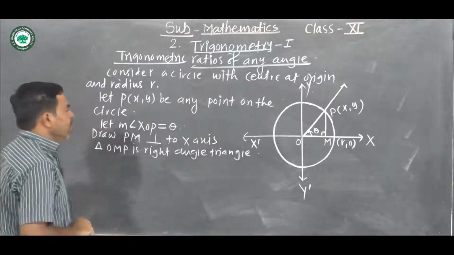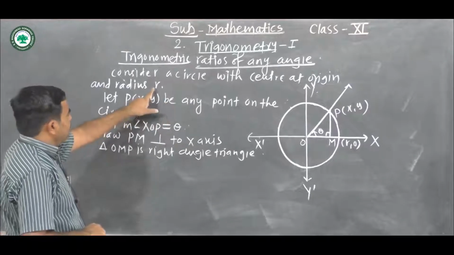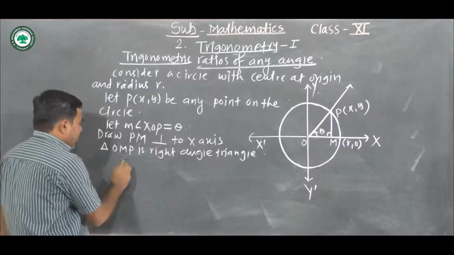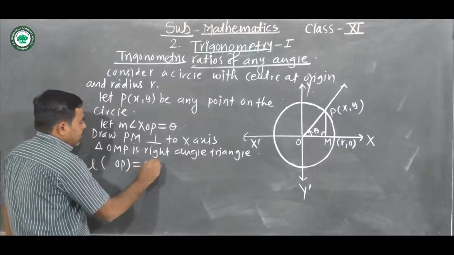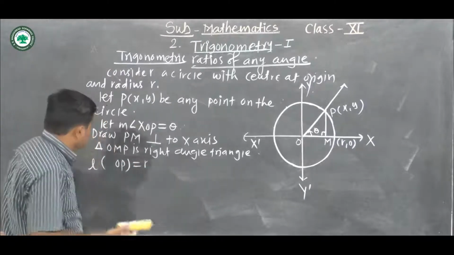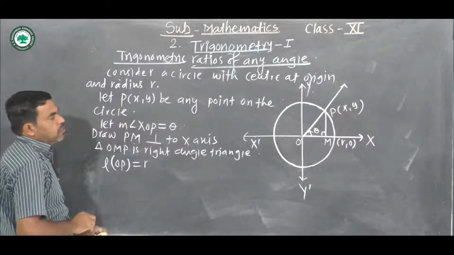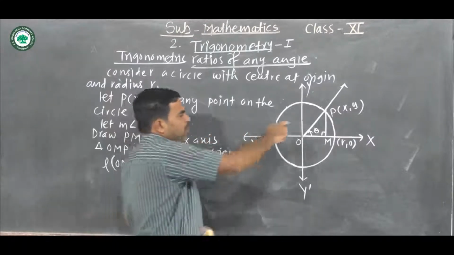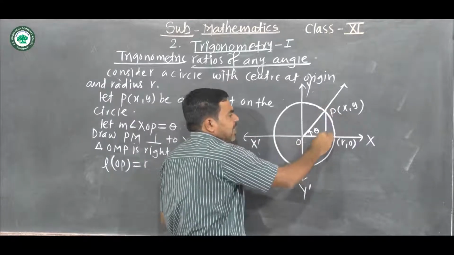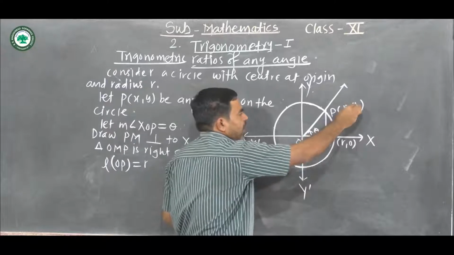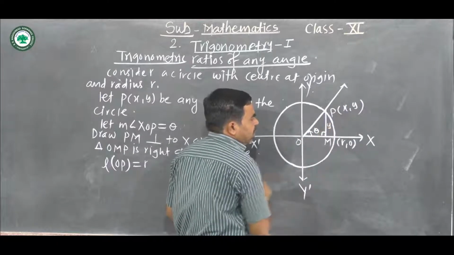Now see. OP is radius of the circle and radius of the circle is R. So therefore length of OP is equal to R. See, point P has coordinates x comma y. So distance of the point P from x-axis is its y coordinate, and that distance is PM, means length of PM is y.